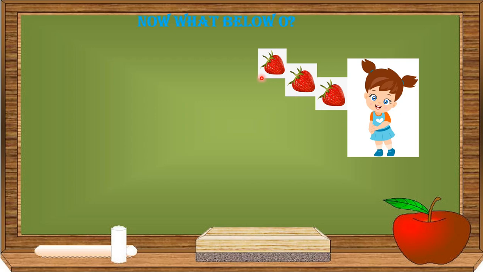Suppose a girl is there and she likes to eat strawberries, and she has some strawberries, and she eats them one by one. Now what happened? She has no strawberries, that means she has 0 strawberries, but still she wants to eat.